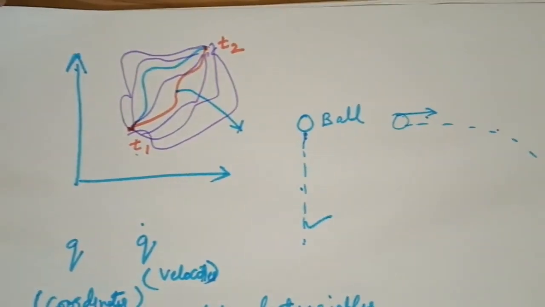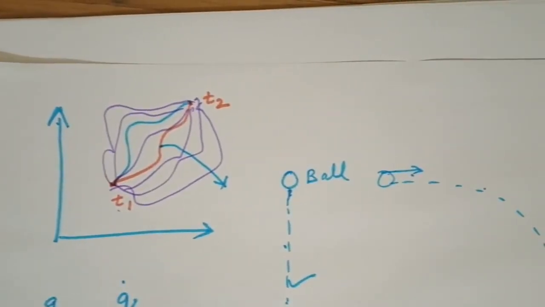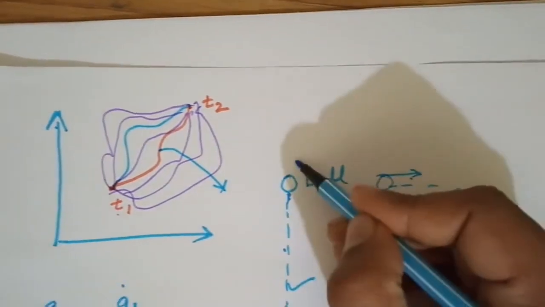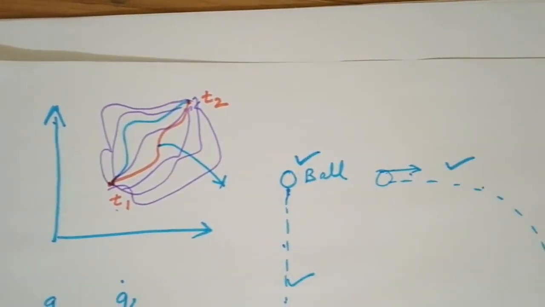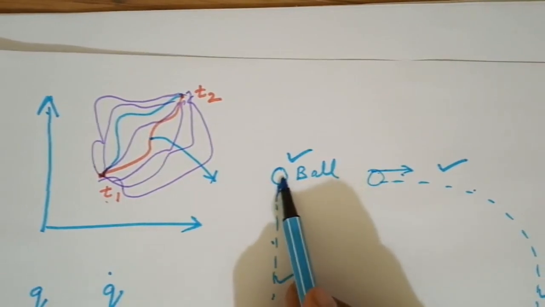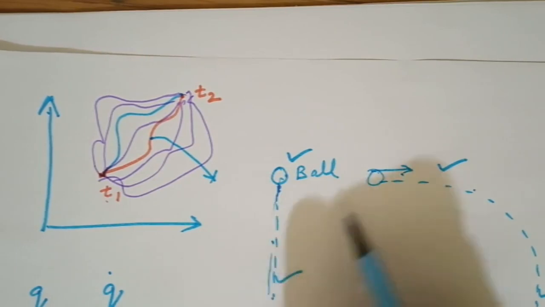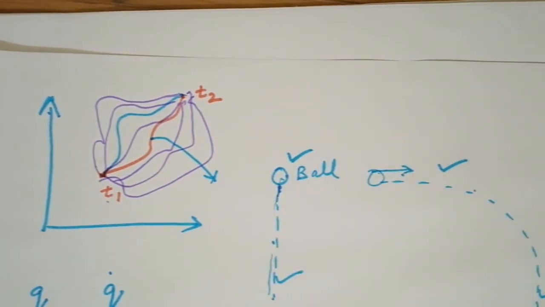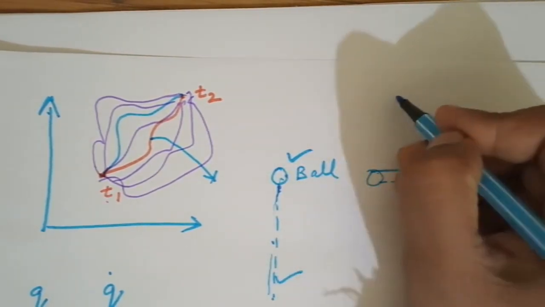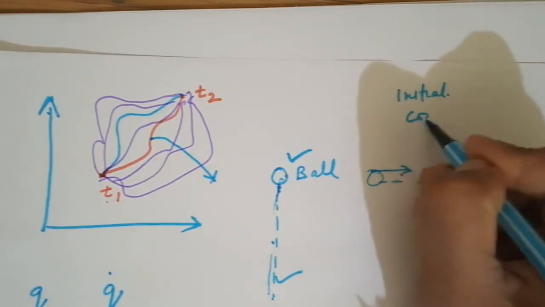Now this shall become much more clear if you see these two examples. In this case, the velocity or the trajectory that the ball follows depends on its initial coordinates.